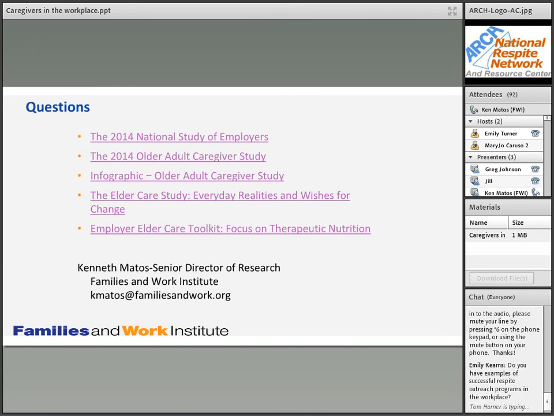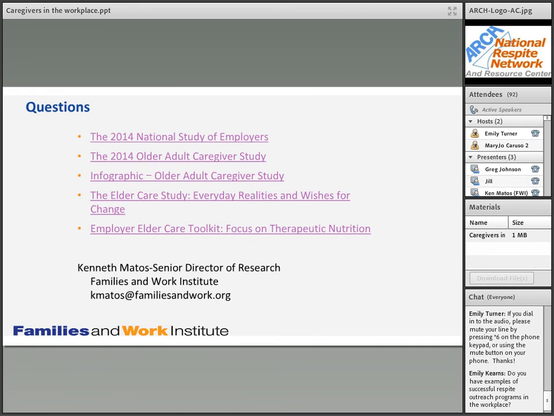So one thing we could potentially do is check with that network and see if any of them have had any experiences with respite services and how they came to understand and value those services. That might be a useful way to get more info on how you make a successful pitch. Thank you. Any other questions?